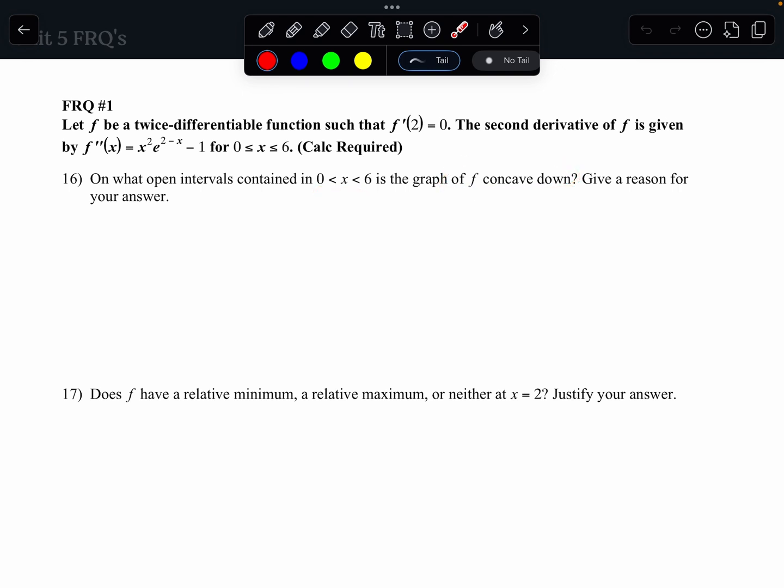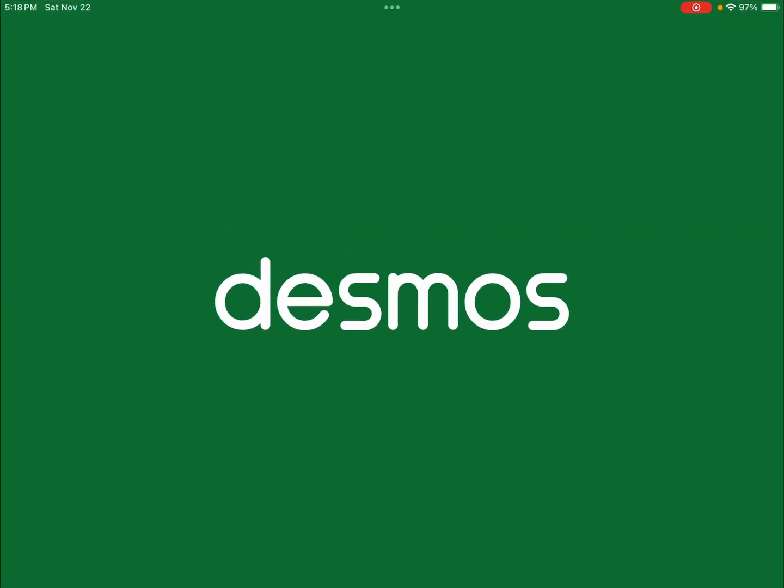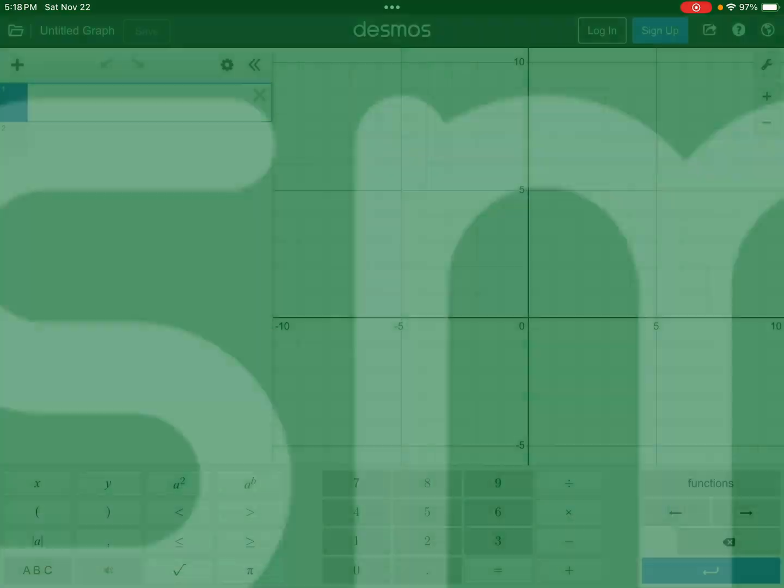So let me go ahead and actually graph the second derivative that we have right here. We're just going to graph it as f of x. Don't graph it as f double prime.